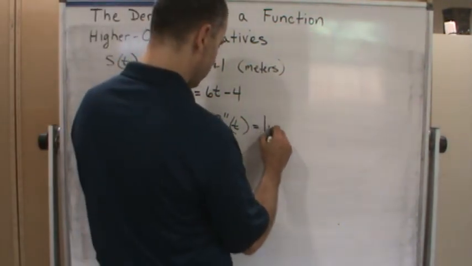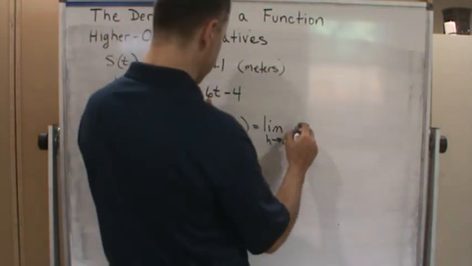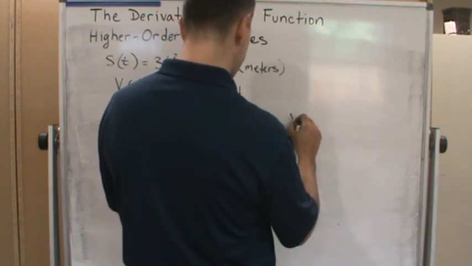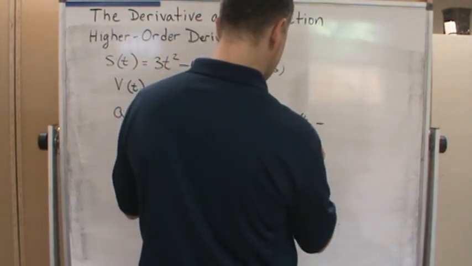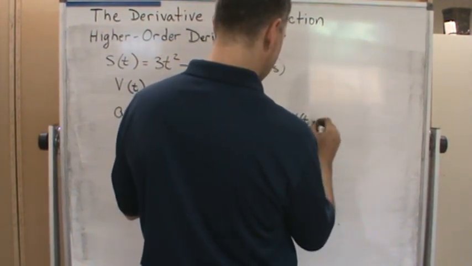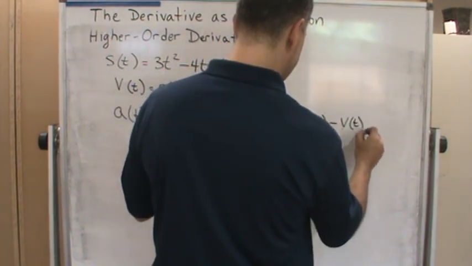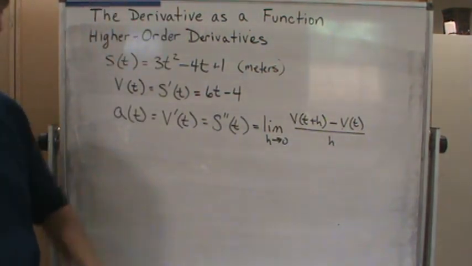So now I'm going to do the limit as h approaches 0 using this function now. So now it's going to be v of t plus h minus v of t over h. That's just one way I could have written it.